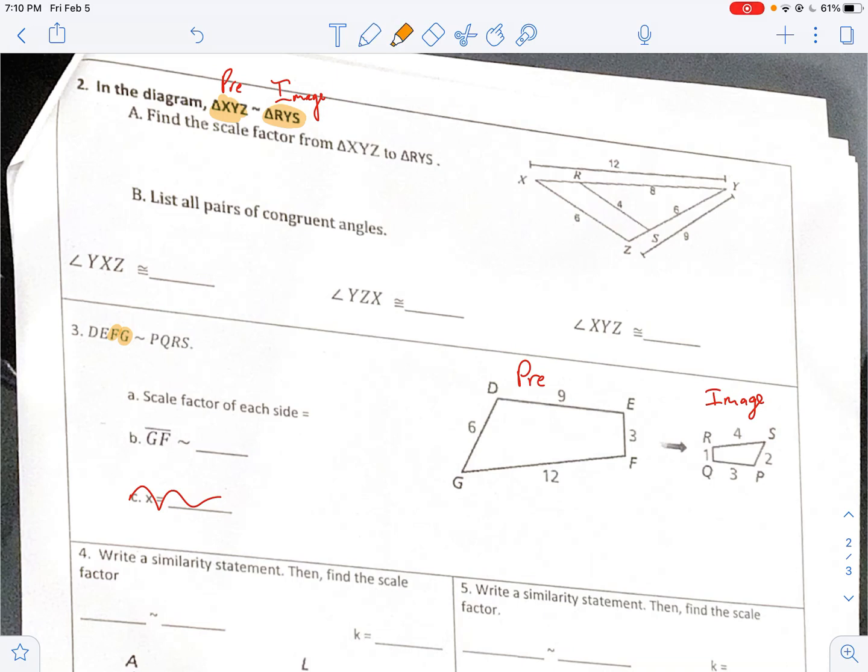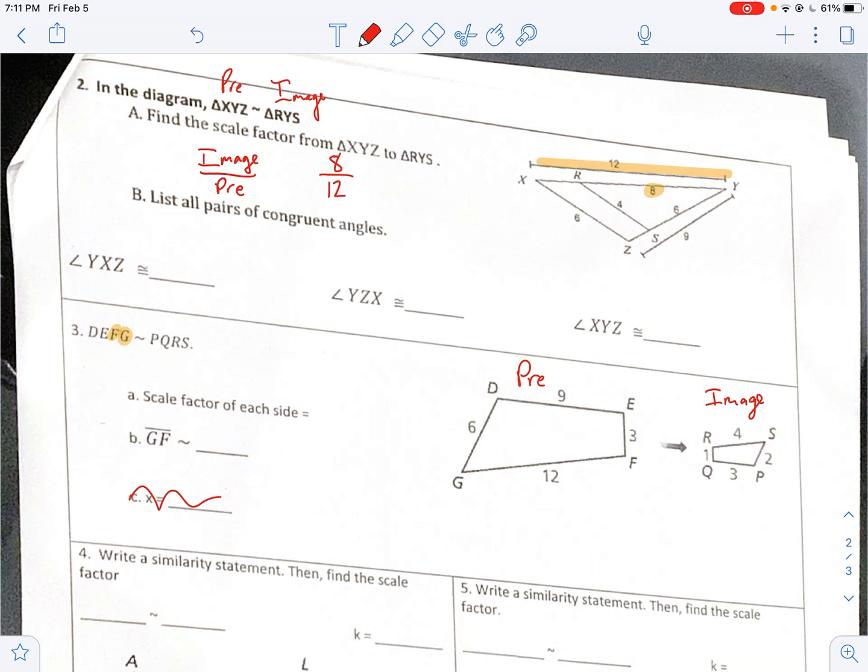Okay, so how do I find my scale factor? Well, I can take any side, does not matter which side, of my pre-image. I'll go with 12. And just like we did with dilations in chapter 4, I'm always going to take the image and divide it by the pre-image. So my image looks like 8.